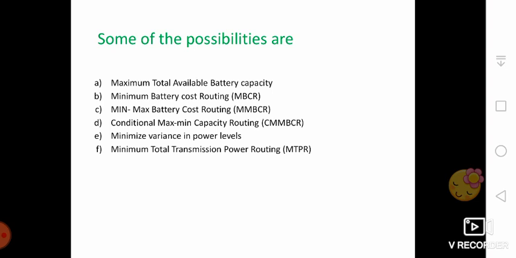Then minimize battery cost routing. So instead of looking directly at the sum of available battery capacities along a given path, MBCR, which means minimum battery cost routing, looks at the reluctance of the node to route traffic. This reluctance increases as its battery is drained. For example, reluctance or routing cost can be measured as the reciprocal of a battery capacity.